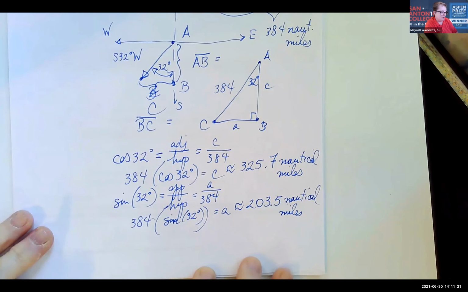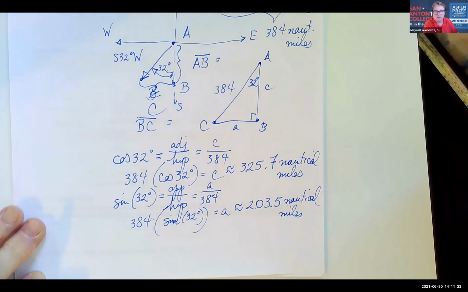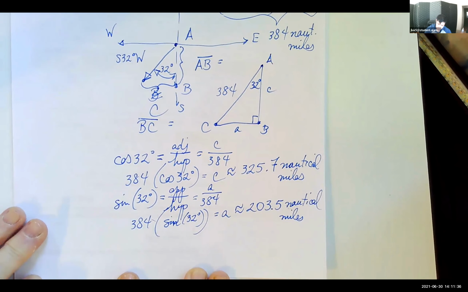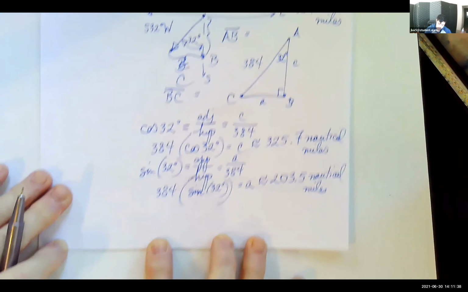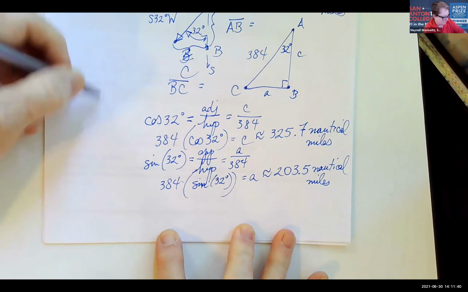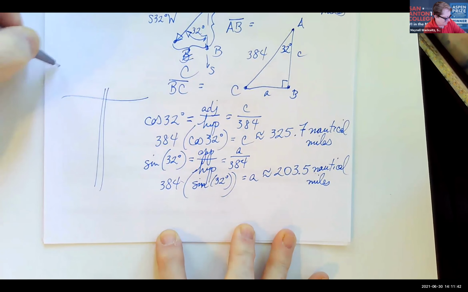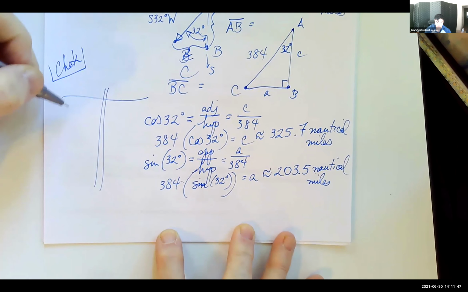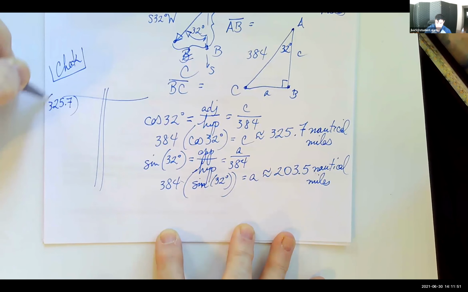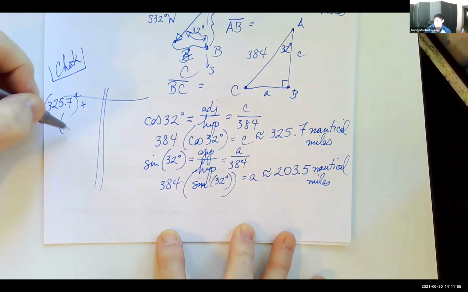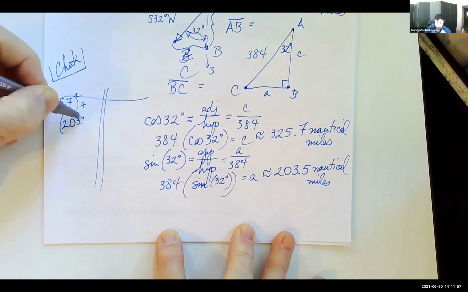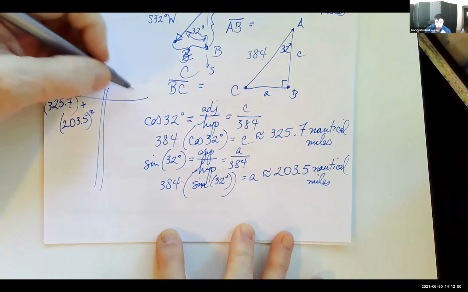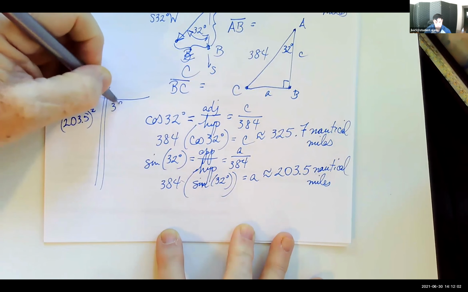Will the Pythagorean theorem show us that we're on the right track? Yes. What will we be comparing? So 325.7 squared plus what was our answer? 203.5 squared equals 384 squared.